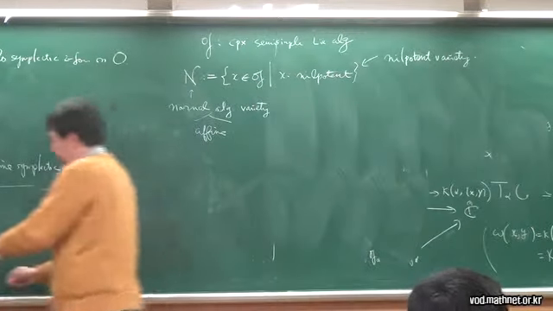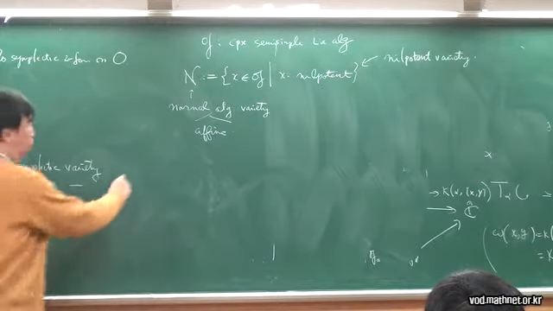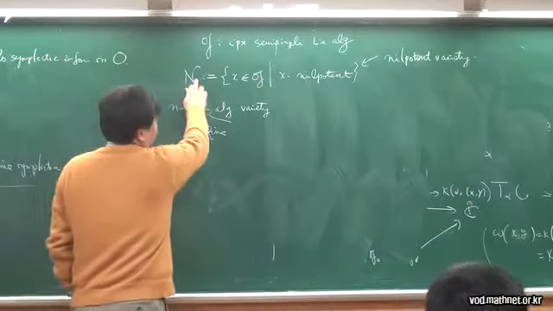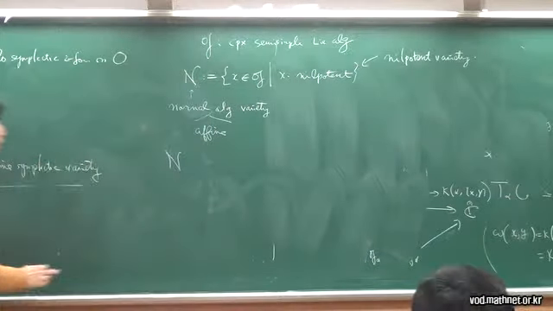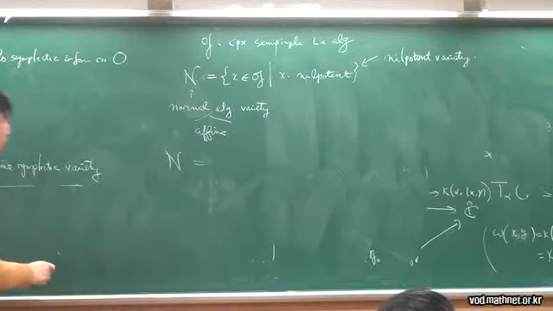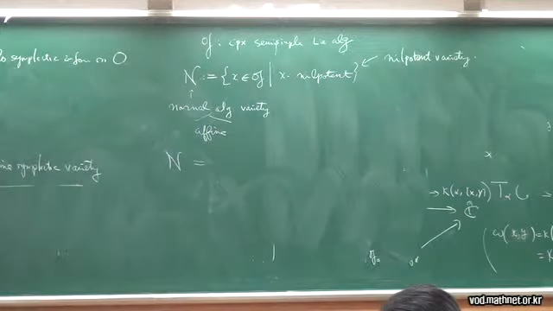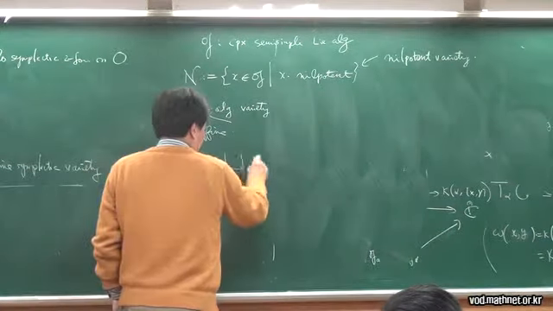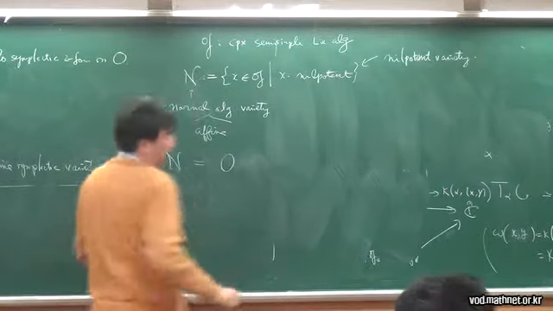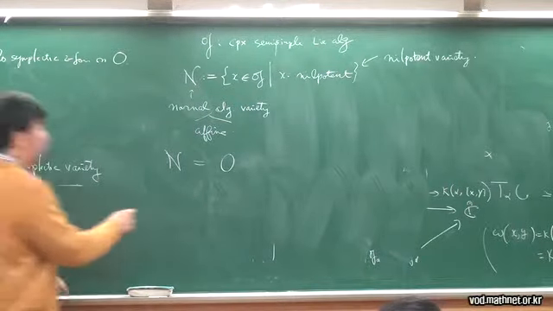Now, an important fact is that it becomes a symplectic variety, because N has the following properties. Because N is the set of all nilpotent elements, N consists of nilpotent orbits, a disjoint union of nilpotent orbits, and there are only a finite number of them.